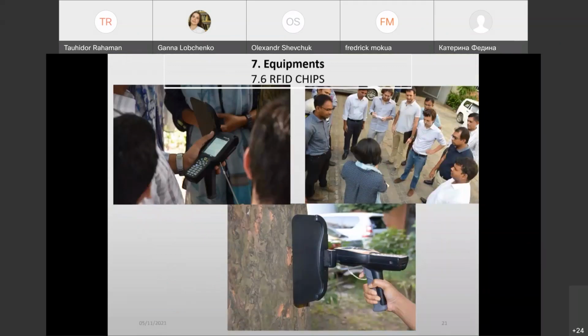And one latest technology that we have incorporated in our National Forest Inventory is the RFID chip. Later on we'll have some discussion about the reference point and witness object.